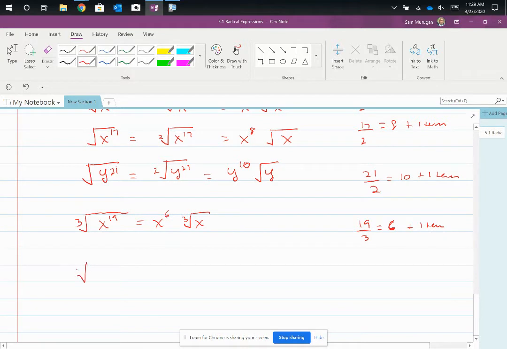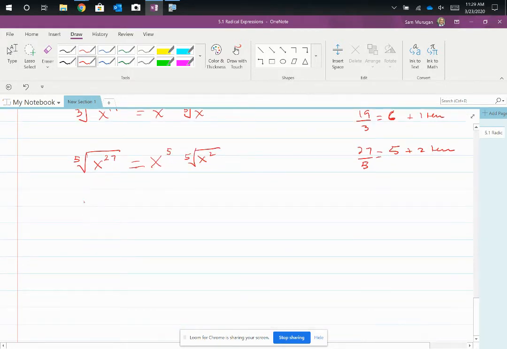If I have the 5th root of x to the power 27, 27 divided by 5 is 5 plus 2 remainder. So x to the power 5 and the 2 remainder goes on the power underneath the radical sign.